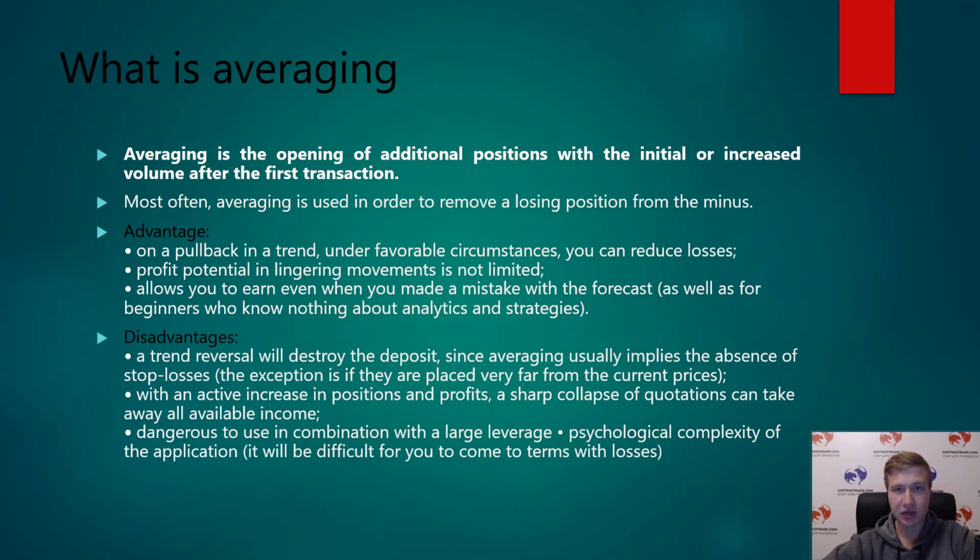By doing so, we'll quickly come to a plus in this transaction. And this is actually a very interesting strategy, in the sense that many investors use it and it can be really useful.